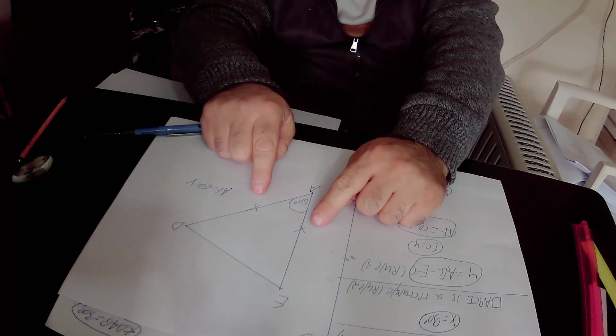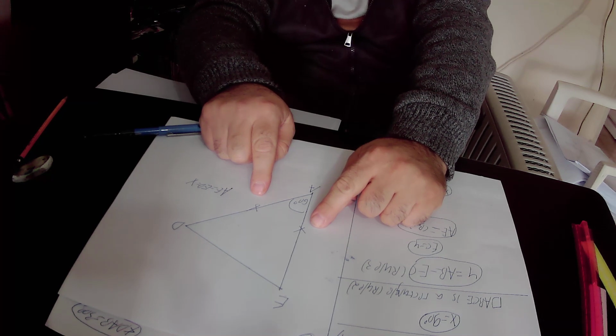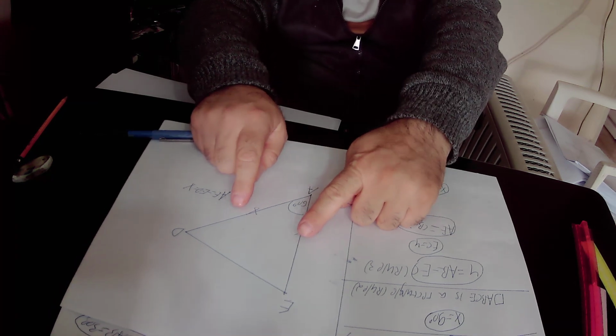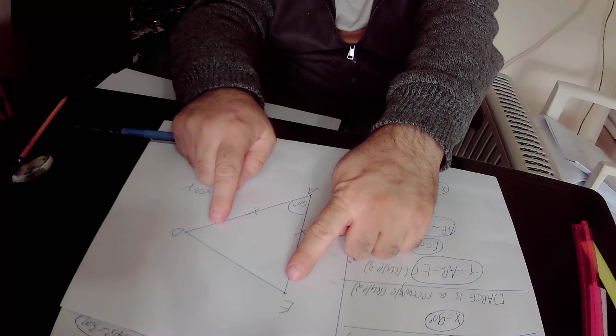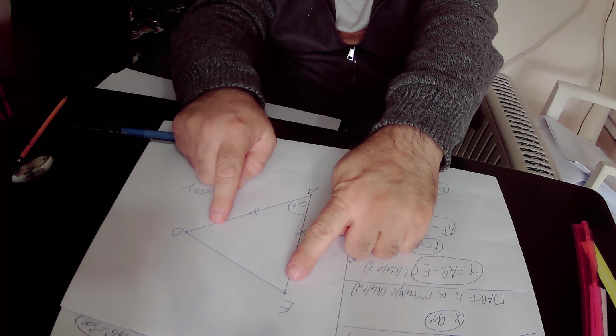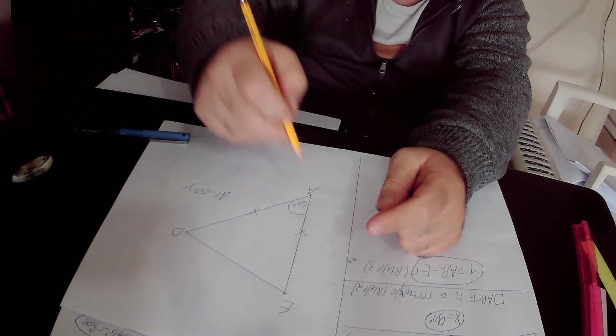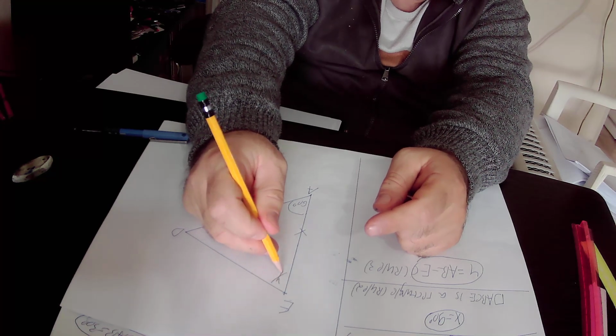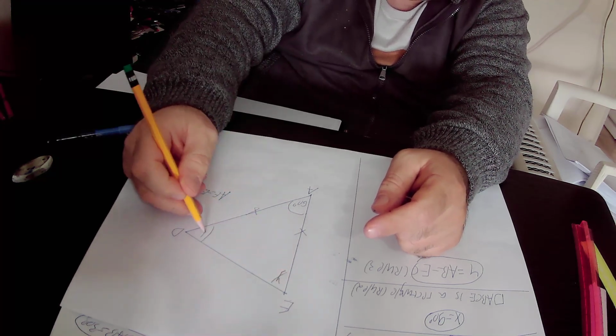So in front of those two equal sides we have those two angles that are also equal to each other. So if this angle is y, then this angle will also be equal to y.